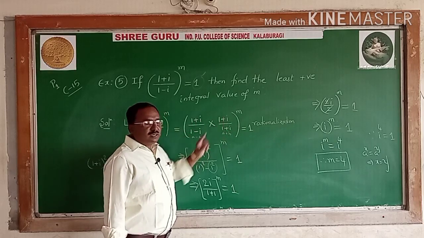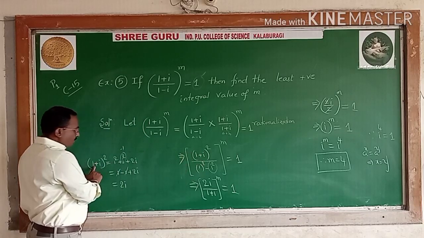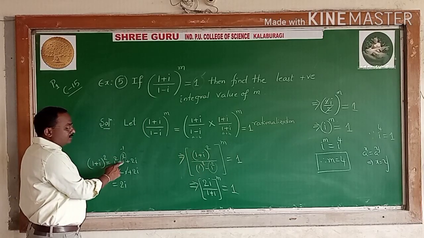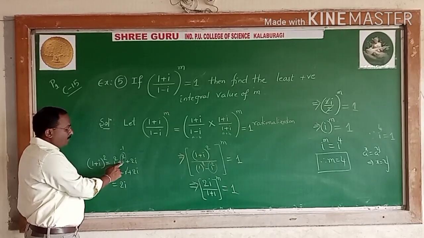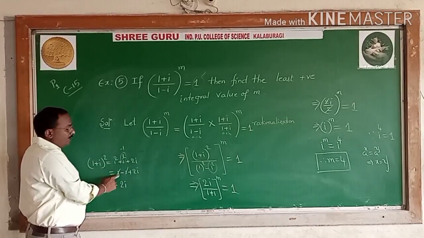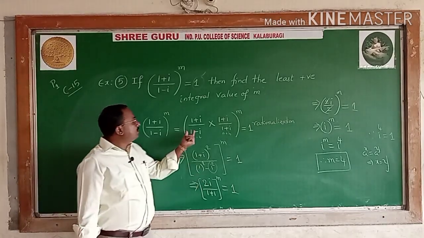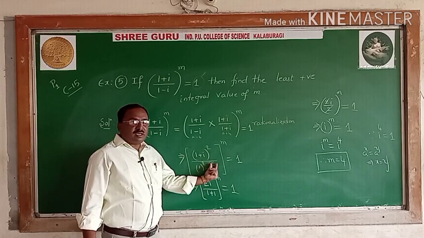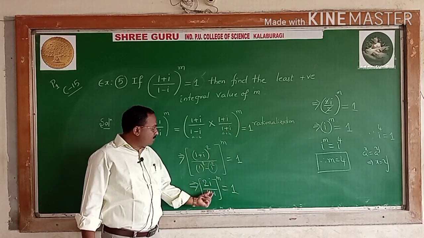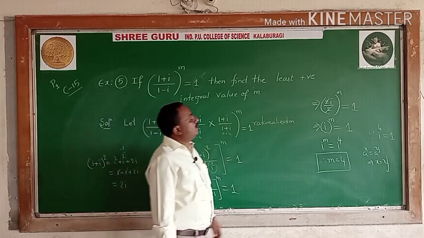The numerator is 1 plus i whole square, a square plus b square plus 2ab; i square is minus 1, plus 1 minus 1 gets cancelled, 2i only. The denominator is a square minus b square, 1 plus 1, 2; the 2s get cancelled.